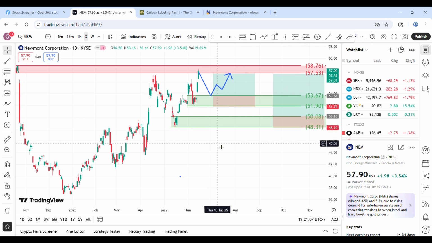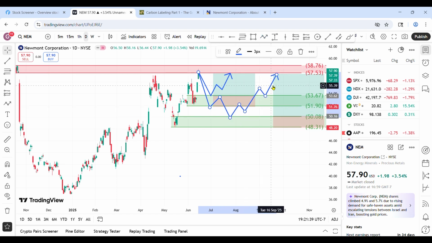If you are looking for a greater discount in price, a little bit more like Warren Buffett, looking for a greater merchandise markdown on this gold miner, then you would be hoping for a pullback that looked something a little bit more like this. A more dramatic pullback to the 50.08 price point, or somewhere in that general range, and then bounce off that level and go retest the same resistance level.